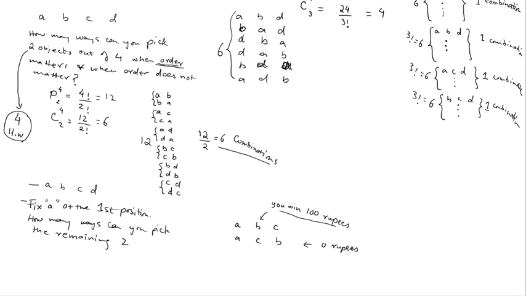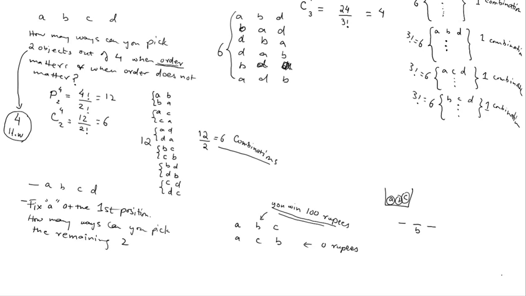Let's say you're playing a game. Let's say we play a game where I have 3 objects or 3 balls in a box, A, B, C, and in that game you reach in the box, you pick one object, then you pick the second object, and then you pick the third object, and you win 100 rupees if you get B over here.